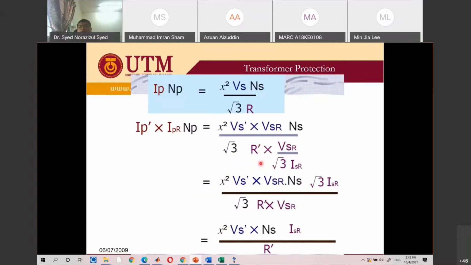Then IP changes to IP prime times IPR, and NS you can change to NS.